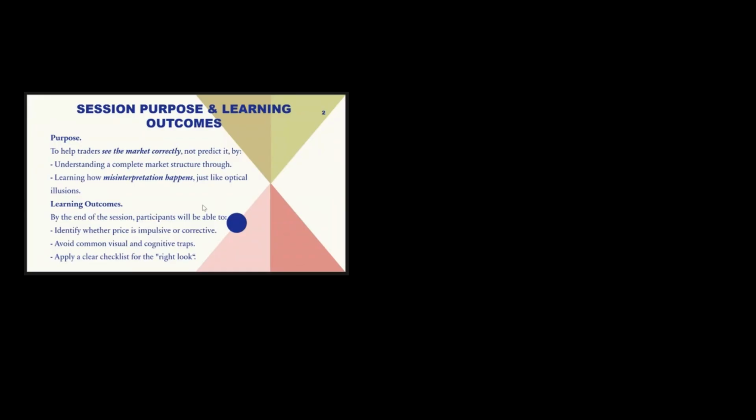And by the end of this session, every participant will be able to identify whether price is impulsive or corrective, and to avoid common visual cognitive traps. That's the idea of illusions, the optical illusions. And everyone will be able to apply a clear checklist for the right look.